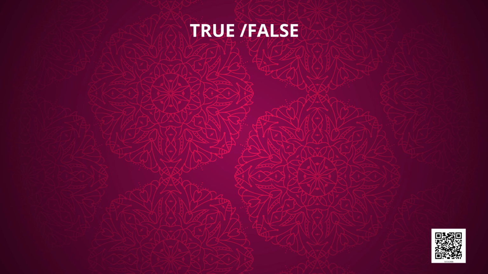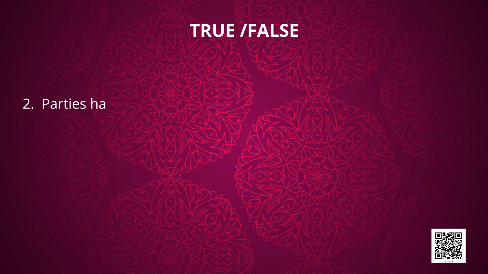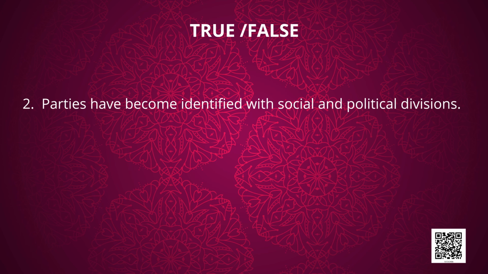The first sentence is, even less educated citizens know about political parties. So children, is it true or false? Yes, it is true. The second sentence is, parties have become identified with social and political divisions. And this sentence again is true.